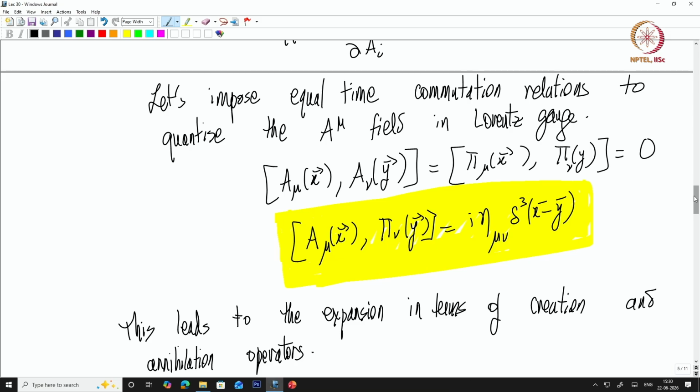Using this, we impose equal time commutation relations, and we proceeded in terms of creation and annihilation operators, because these equal time commutation relations are Lorentz invariant, and we can assume it will all work well.